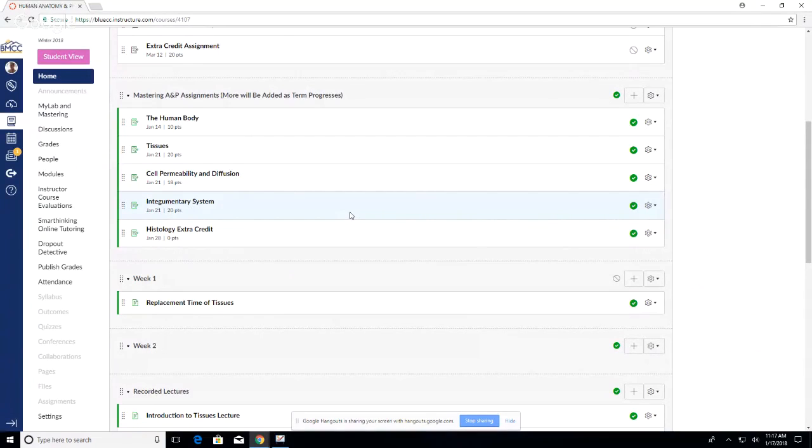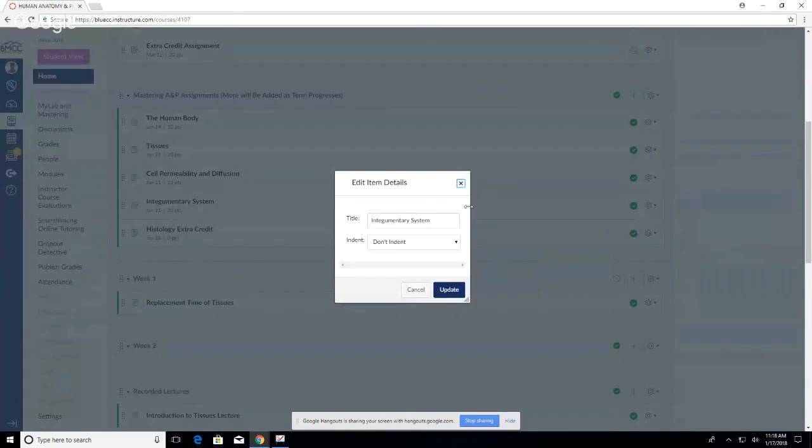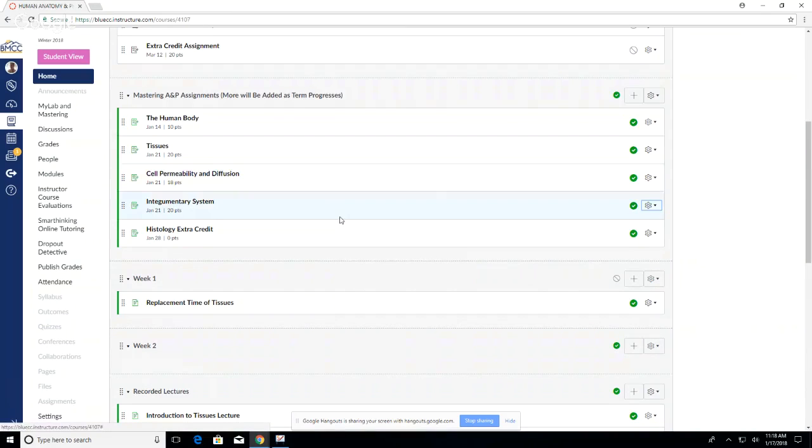Yes. So for this week, you should do the tissues and the cell permeability and diffusion. And the integumentary system, I'm going to move this to the 28th. I think I can do that right here. Oh, I can't edit. I'll edit it when I get back to my office. So the integumentary system will be the 28th.